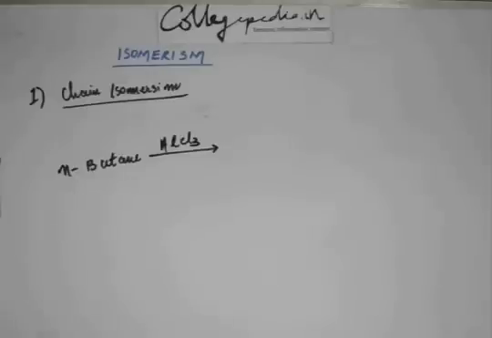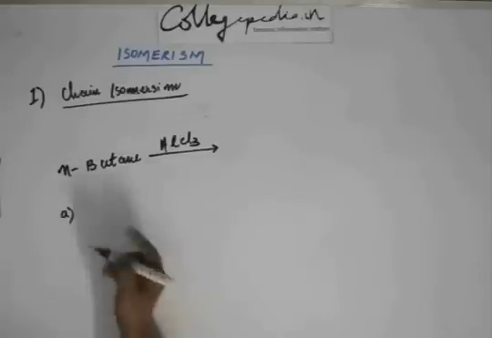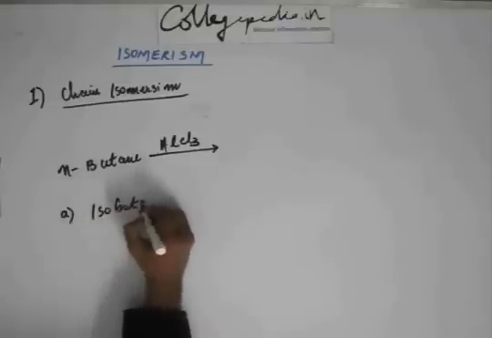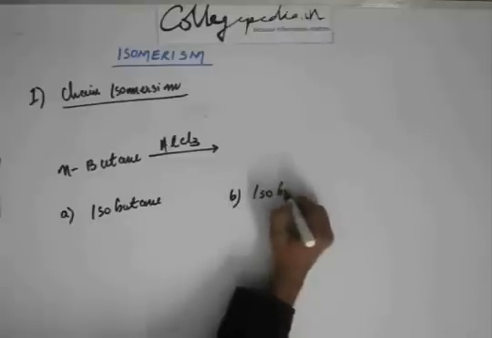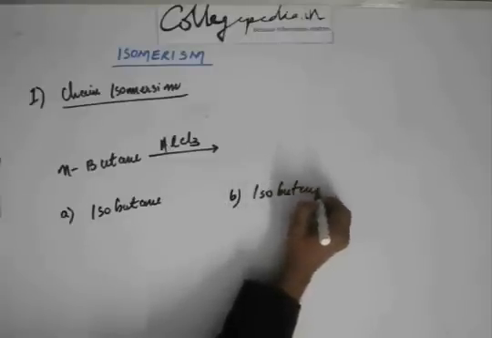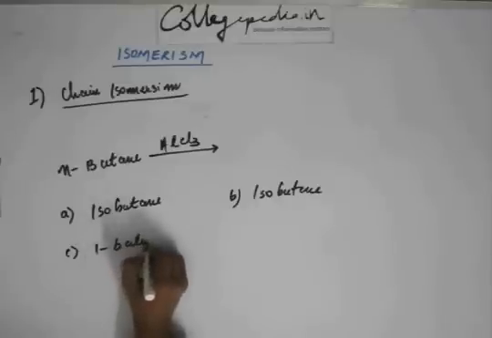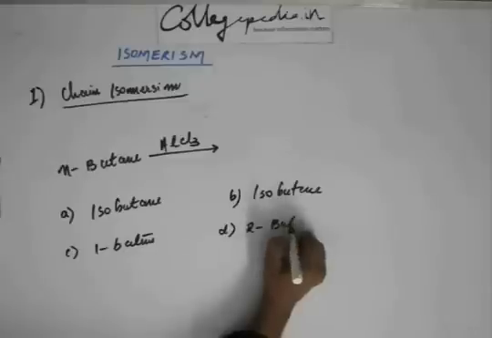Now they will ask which of the following could be the possible rearranged product, and they will give you isobutane, and in other options isobutene, or 1-butene, or 2-butene.